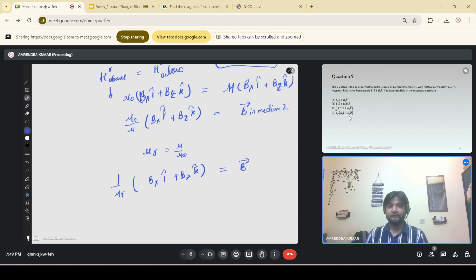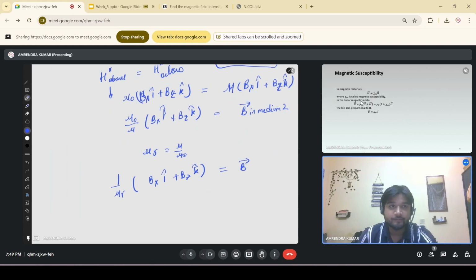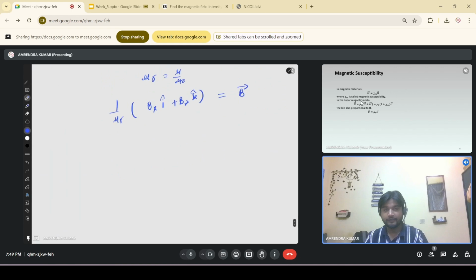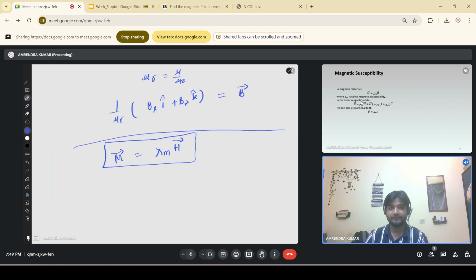Okay. Now the next question is magnetic susceptibility. For any magnetic material, M is the magnetization, and chi M can be related with the field intensity. We can also relate B with H as we have said previously.